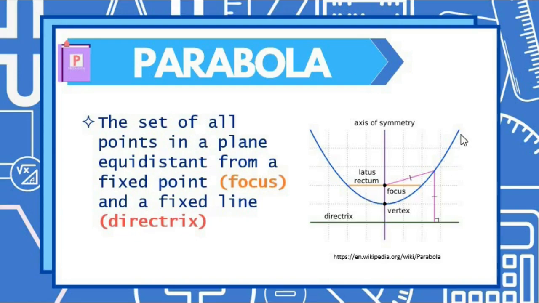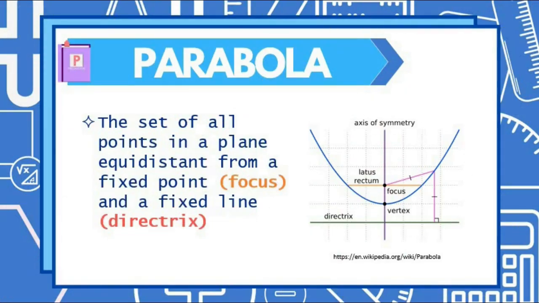Say for example, we choose any point, and let that point be this point here. If we measure the distance between this point and the focus, and that same point to any point perpendicular to the directrix, they should be equal. Those are the key characteristics of a parabola.